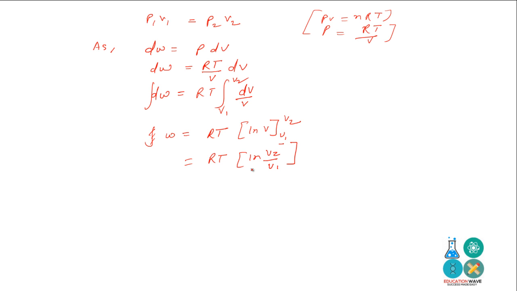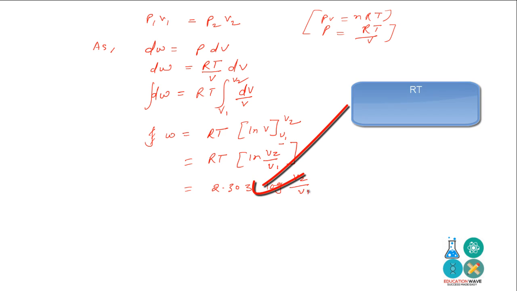If we convert this natural log, this will be equal to 2.303 RT log V2 upon V1.